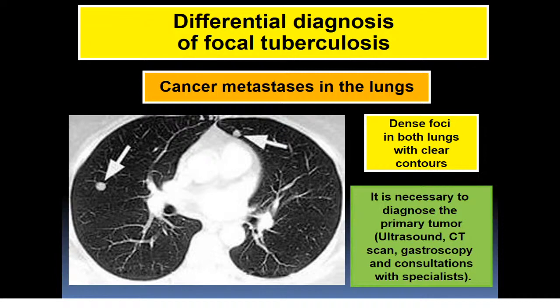For example, ultrasound investigation of the abdominal cavity and pelvic organs for revealing the main tumor. Or we can use CT scan of the abdominal cavity and pelvic organs. Also do gastroscopy, and there must be consultation of different specialists, first of all oncologists.